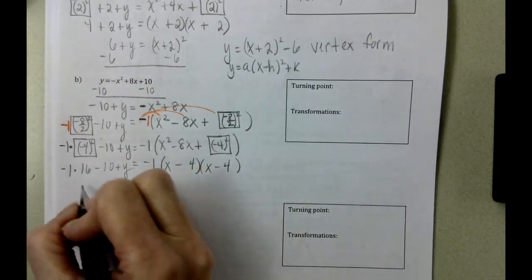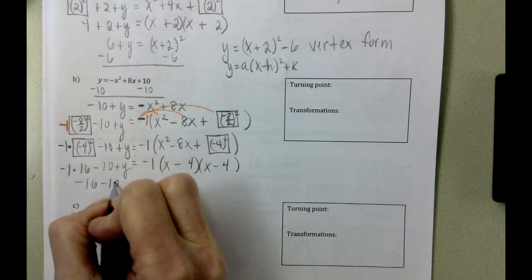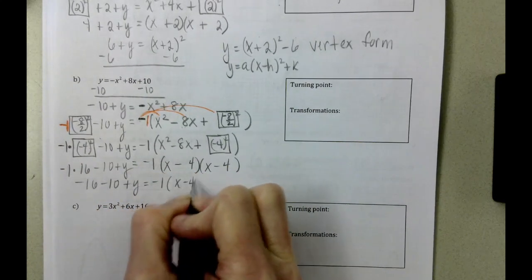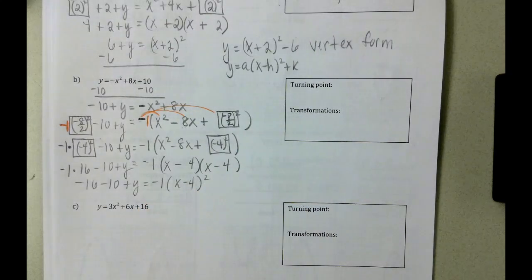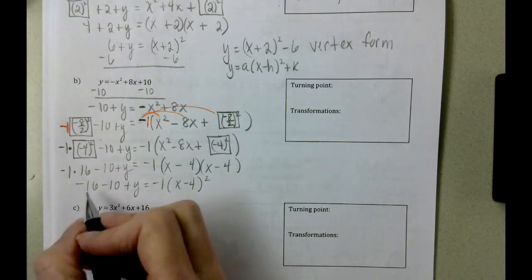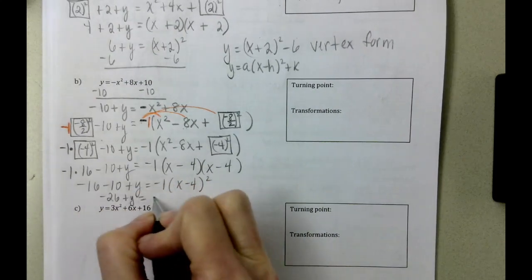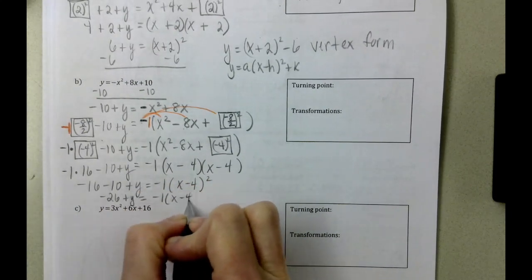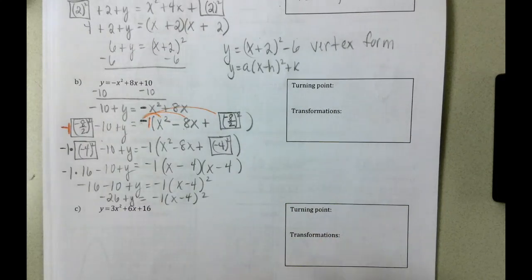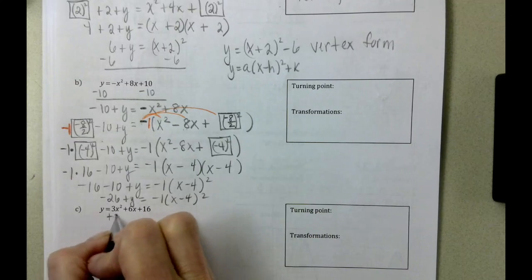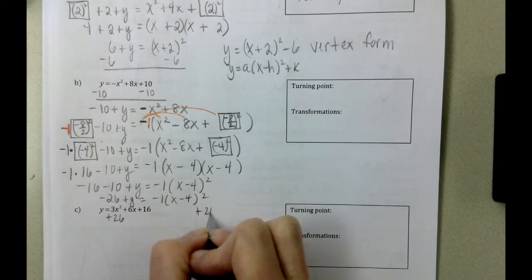Negative 1 times 16 is negative 16 minus 10 plus y equals negative 1 times x minus 4 squared. Negative 16 minus 10 is negative 26 plus y equals negative 1 times x minus 4 squared. And then we need to move this 26 over to the other side, so we're going to add 26 to both sides.